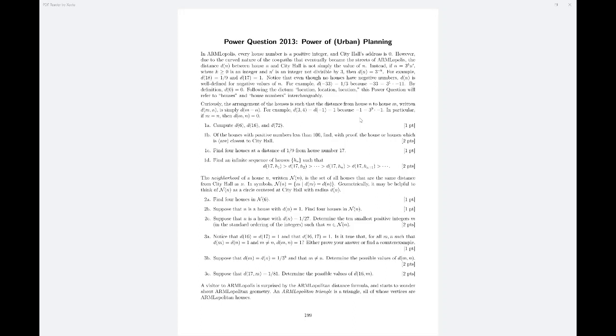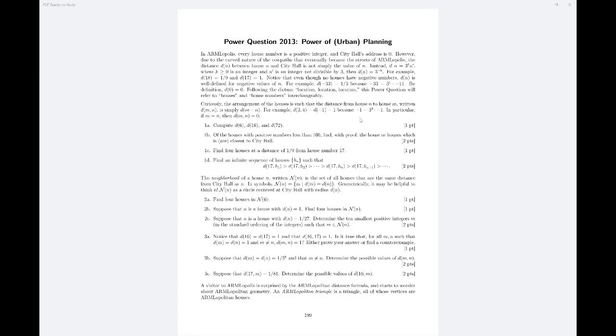So the BMT power round will be longer, and in general, it may or may not be more advanced. Oftentimes when it comes to ARML, the topic is more elementary, perhaps easier to understand. You might expect something a little more difficult to comprehend when it comes to BMT power rounds.